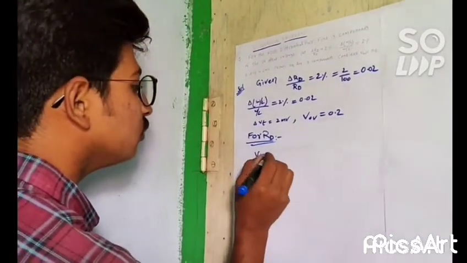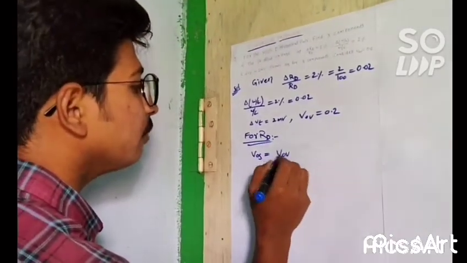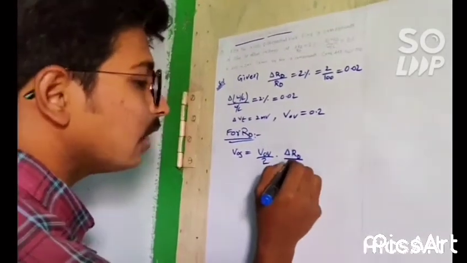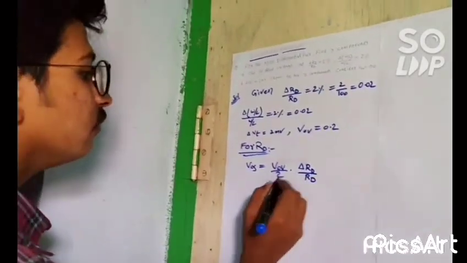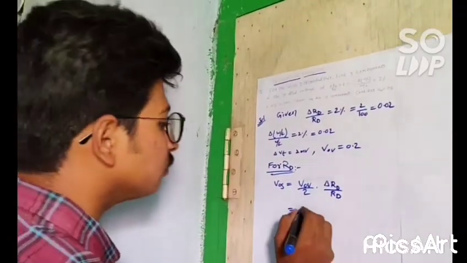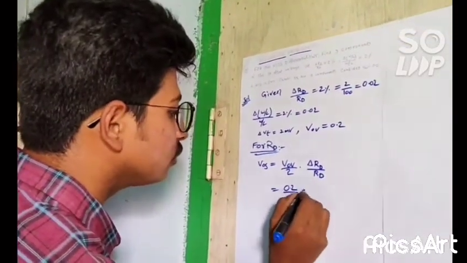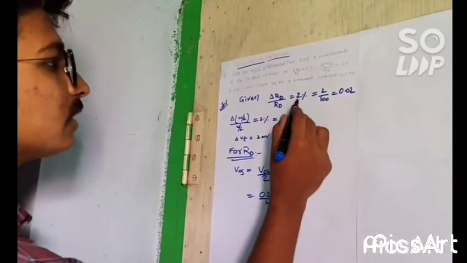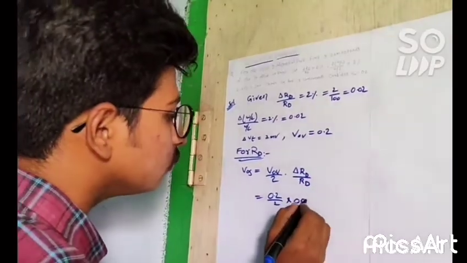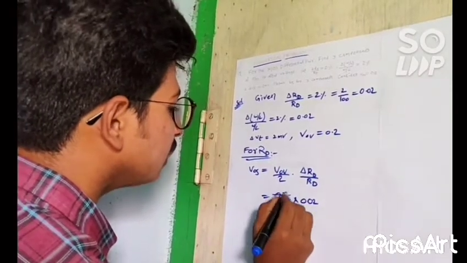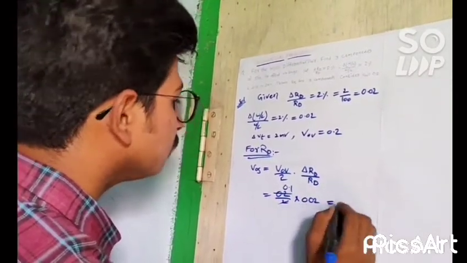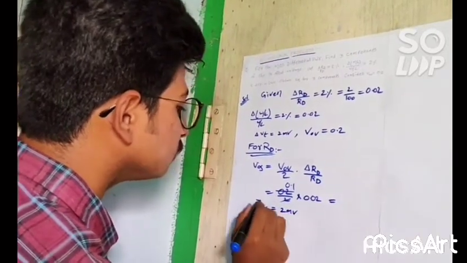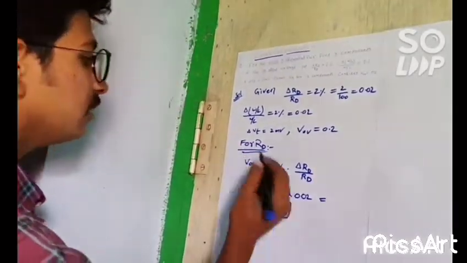So first for Rd, VOS is equal to, we know that VOV by 2 into delta Rd by Rd. VOV they are given is 0.2. 0.2 by 2 into delta Rd by Rd they are given 2%, that is 0.02. By calculating, VOS is equal to 2 millivolts for Rd.